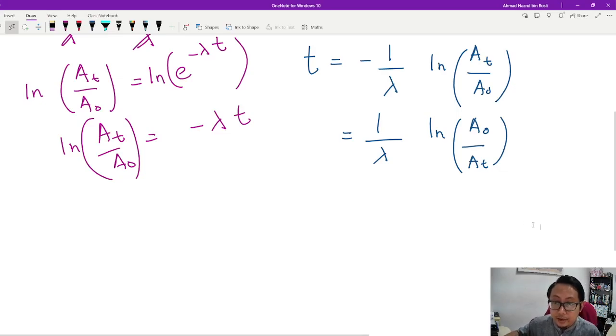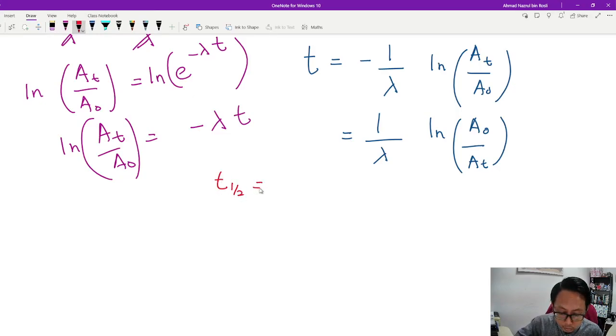Another piece of information that we have is the half-life. We remember the equation for half-life: T half-life is equal to ln 2 over lambda. We know the value of the half-life, so we can bring lambda here: lambda is equal to ln 2 over T half-life.